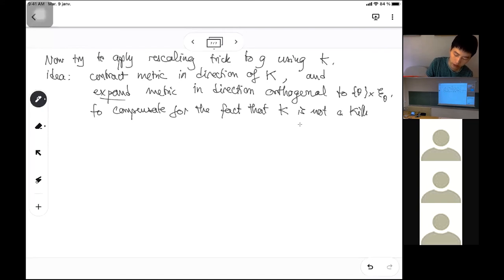So it's not a killing field, but at least it is a killing field in the slice E theta. And so in the slice E theta, you can rescale using the rescaling trick, but in the directions orthogonal to the slices E theta, you need to expand the metric.